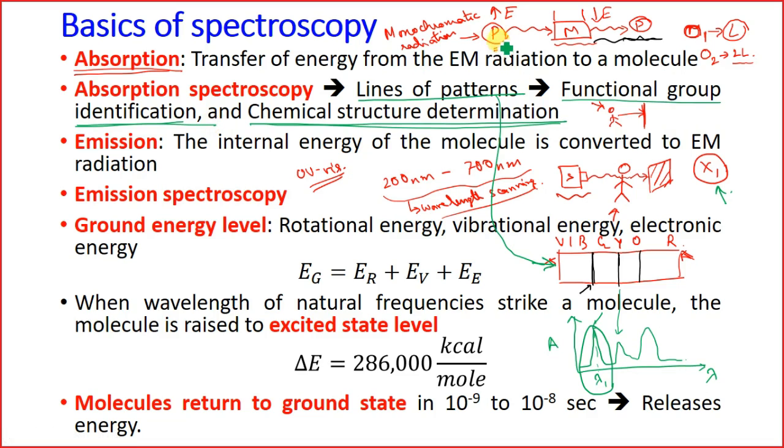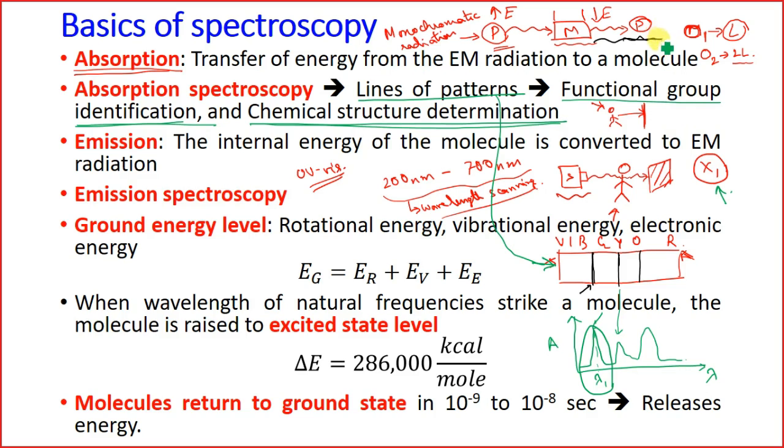You are incidenting a photon onto a matter, then the matter absorbs some amount of the photon and releases some part of the photon on the other side, and you analyze those photons, which have different wavelengths.